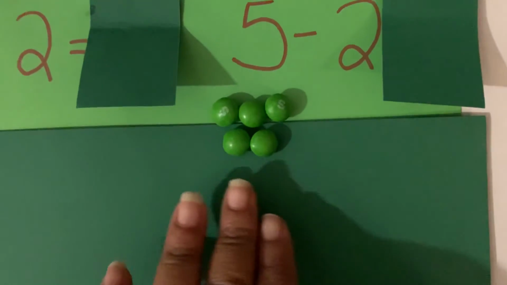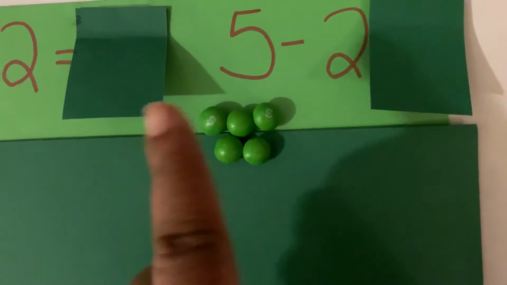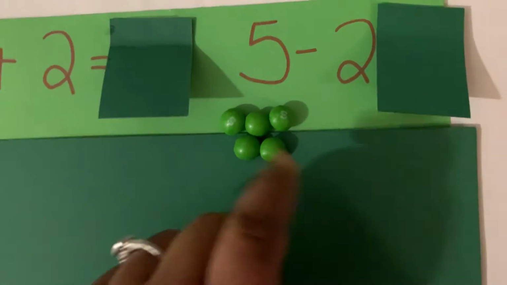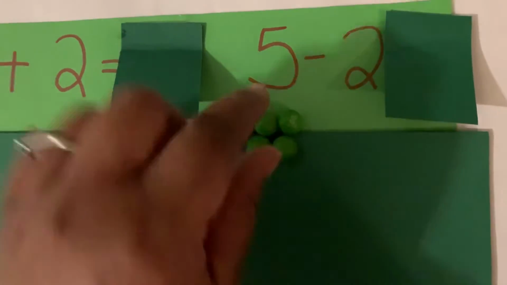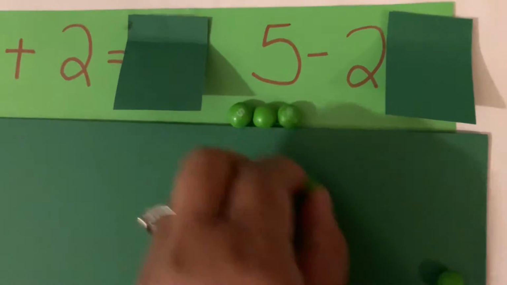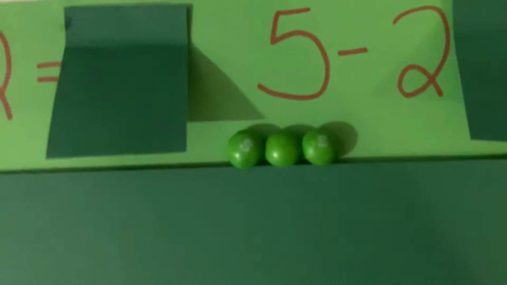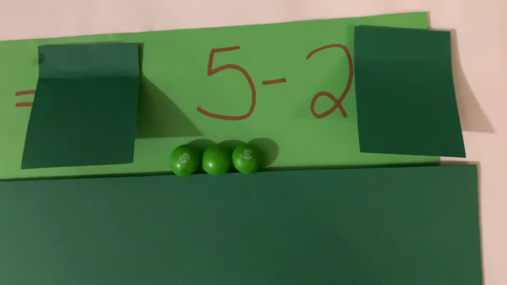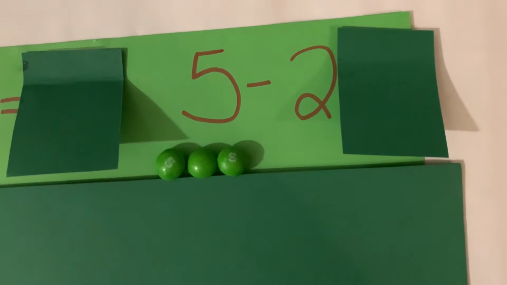We're going to stick with the 5 that we have, and we're going to take some of them away. So we have 5 minus 2. 1, 2, 3, 4, 5. And let's take away 2. 1, 2. And let's see, we're left with how many? 1, 2, 3. 3 green Skittles left. So 5 minus 2 equals 3. Good job.